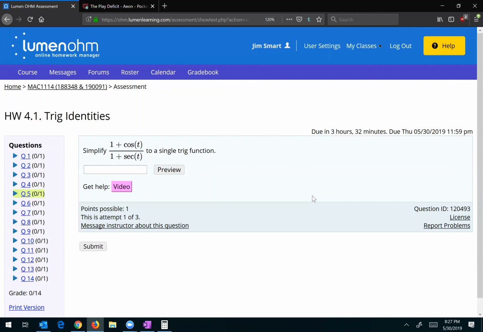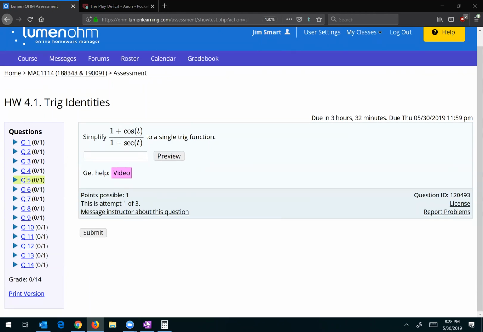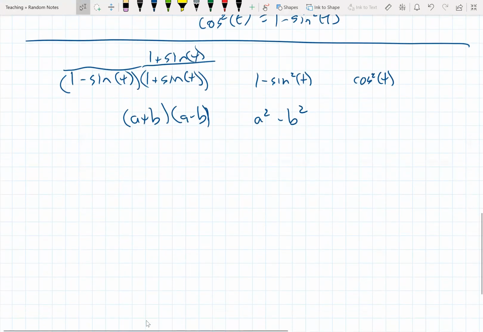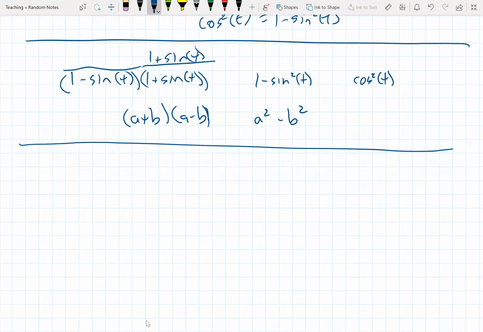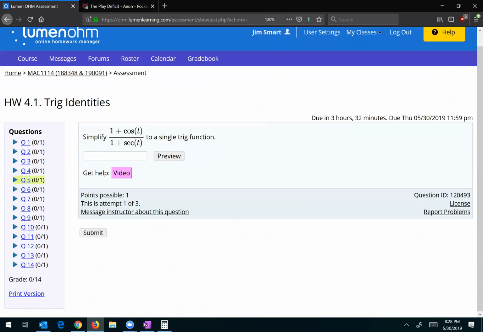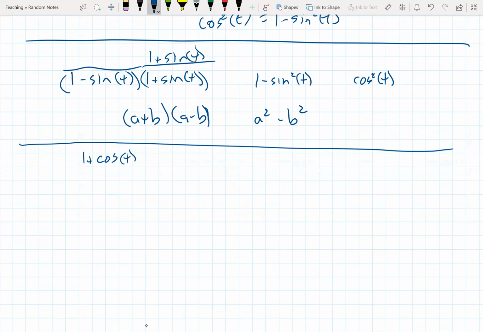So again, this is one where, looking at it, I don't know immediately what's going to be the easiest way to solve this problem: 1 plus cosine over 1 plus secant. So if I write it down, 1 plus cosine of t, you want to keep the variable t again, over 1 plus secant. I'm going to try 1 over 1 plus 1 over cosine t.